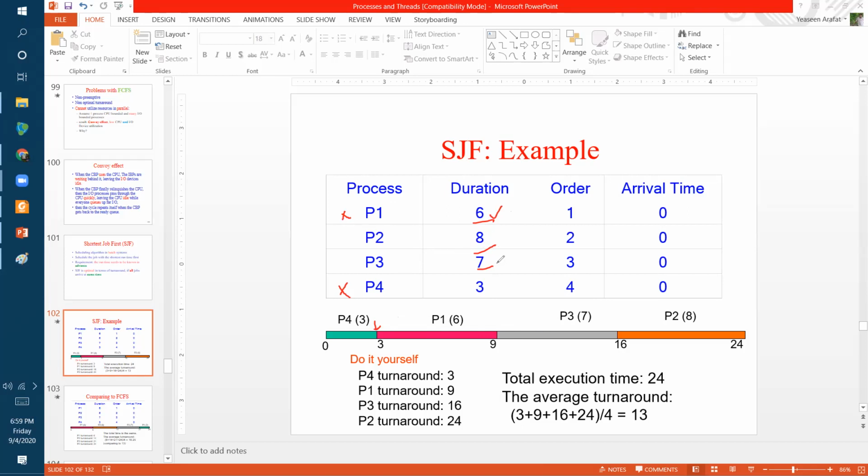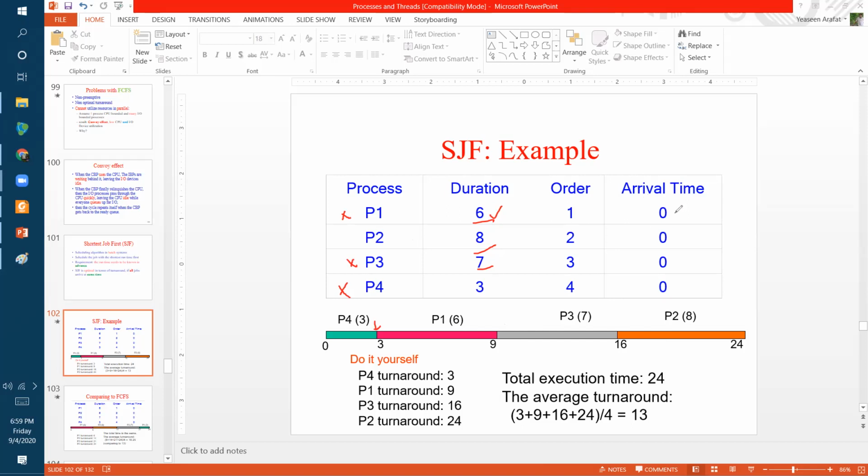Again we have to find the lowest duration time so that it can get the CPU from the scheduler. The scheduler finds that P3 has the shortest time between P2 and P3. So P3 will start its job at the 9th second and end by the 16th second. So the final one is only P2.